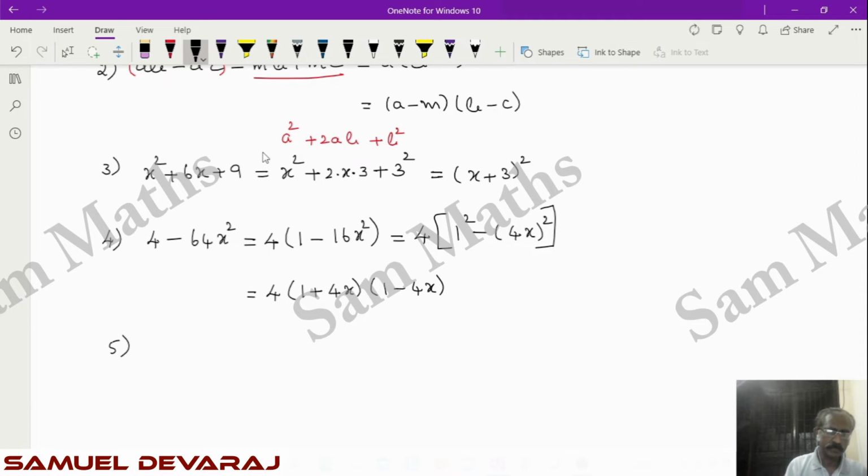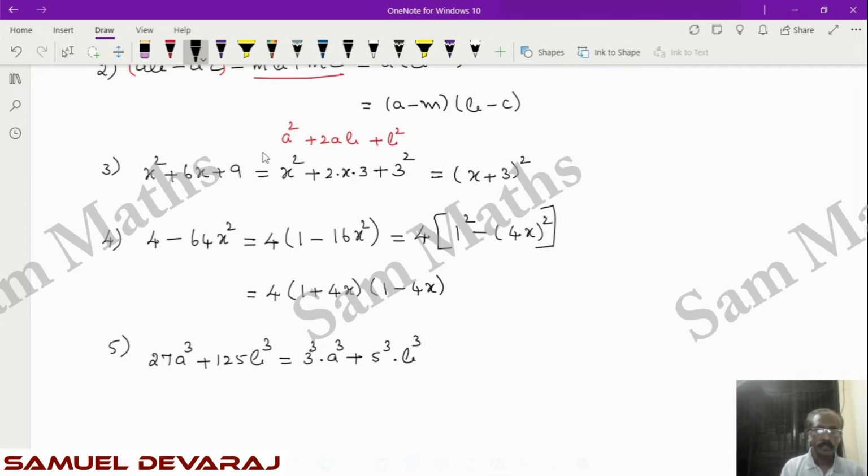Fifth one. Suppose it is in the form 27 a cube plus 125 b cube, where 27 we can write as 3 cube. So 3 cube into a cube plus 5 cube into b cube.